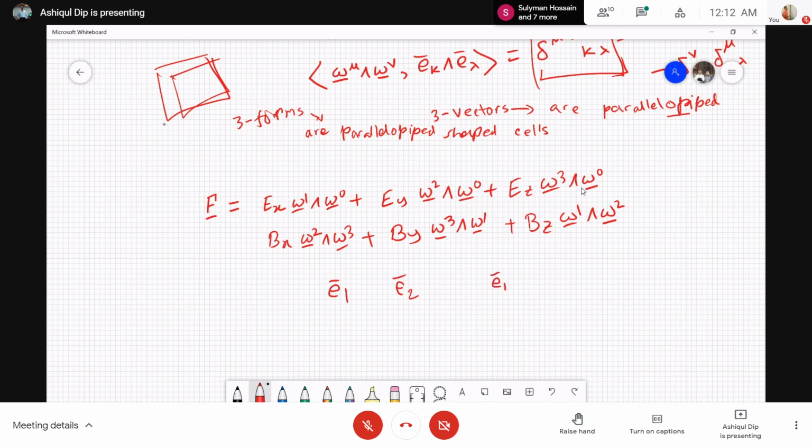So e1 wedge e2 will be a two-vector that has an area 1, like this. So now if you pierce F with that thing, what are you supposed to get?